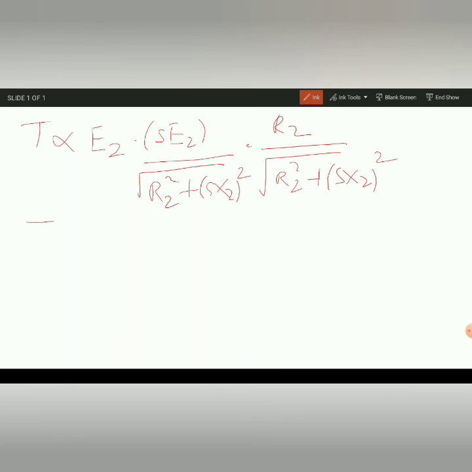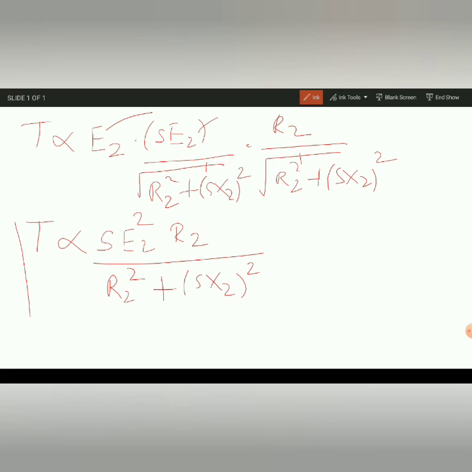Since there are two E2 terms, we can say S E2 square R2 divided by R2 square plus S X2 the whole square. Okay, so this is the final torque equation.